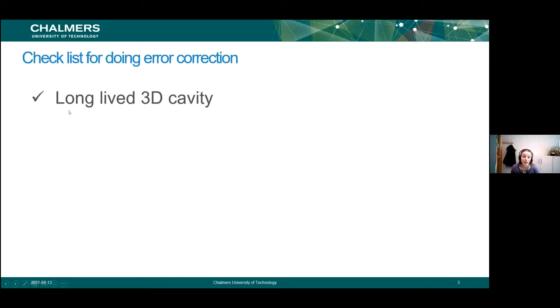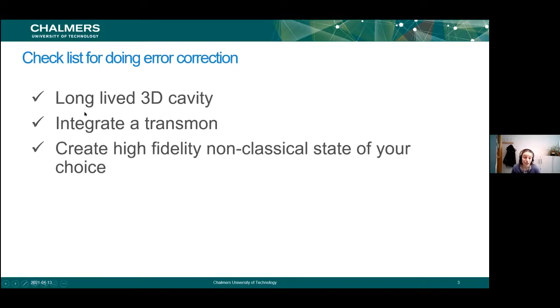First, it would be nice that you have this long-lived 3D cavity that will make your life a bit easier. And then you should integrate a transmon, and these checks are like, I managed to do these parts. And after this, you have to create this non-classical state of your choice, and the higher the fidelity, the better.